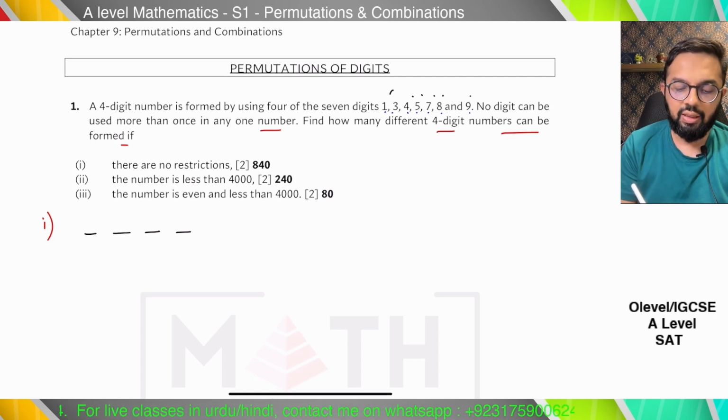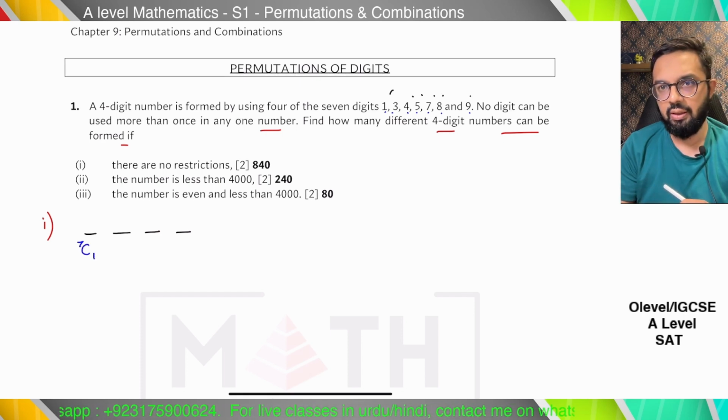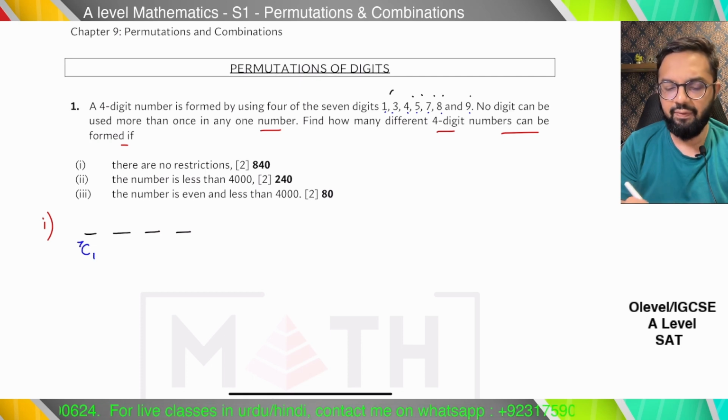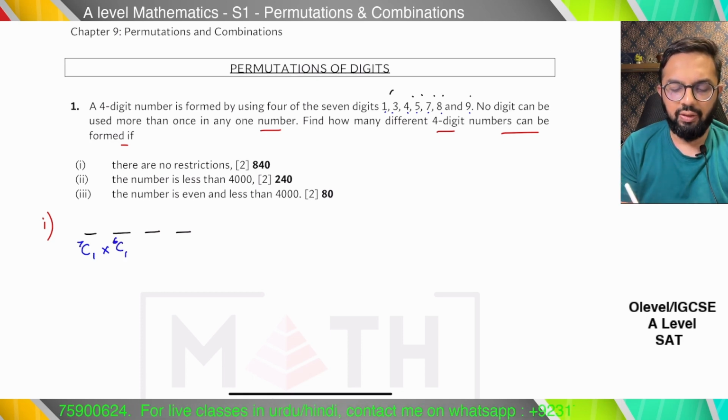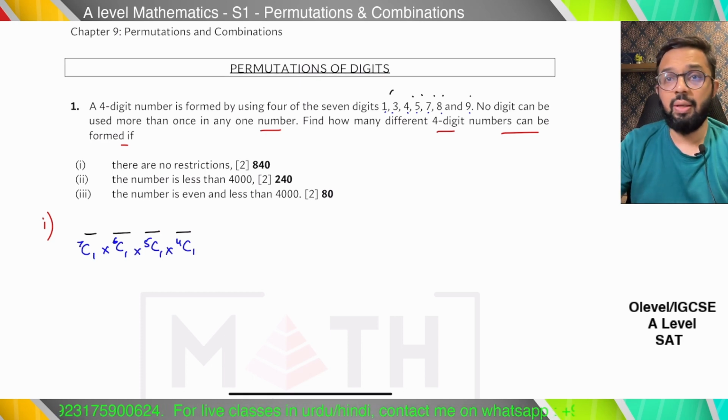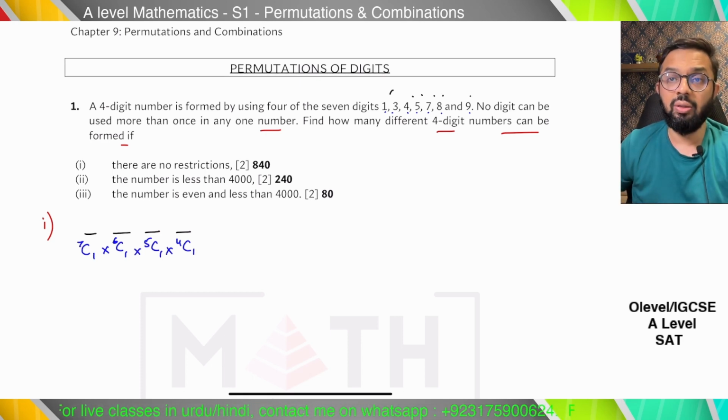To fill the first dash, I have 7C1 choices. When I've filled the first dash, I have 6C1 choices, then for the next one I have 5C1 choices, and for the last one I have 4C1 choices.